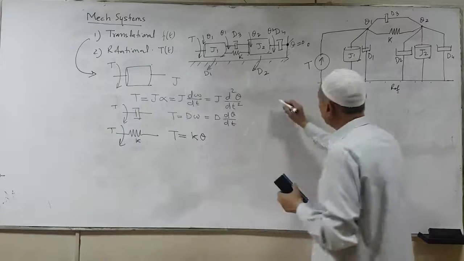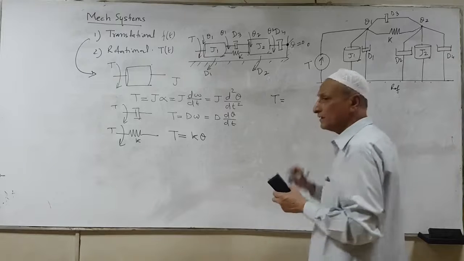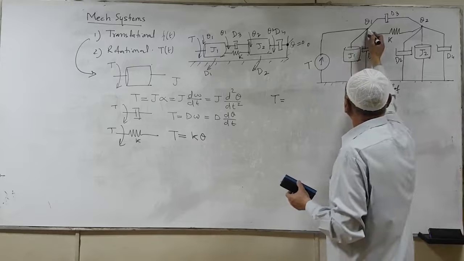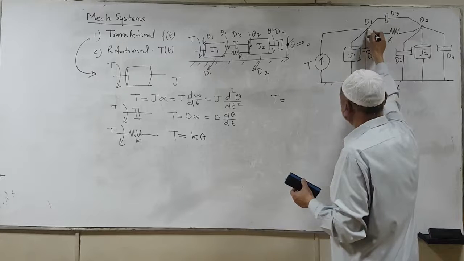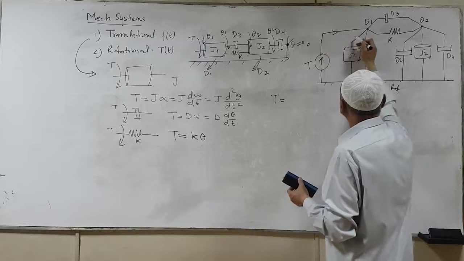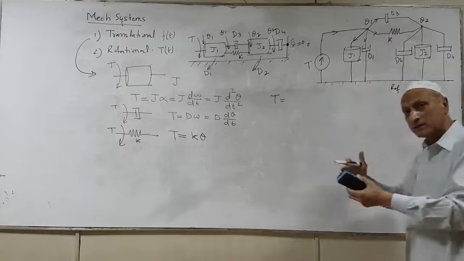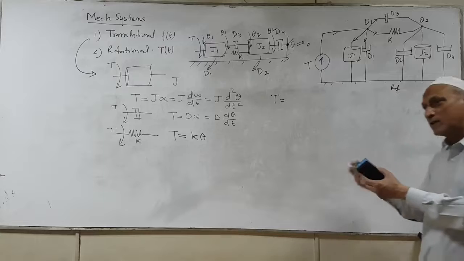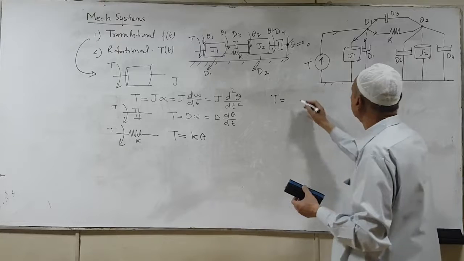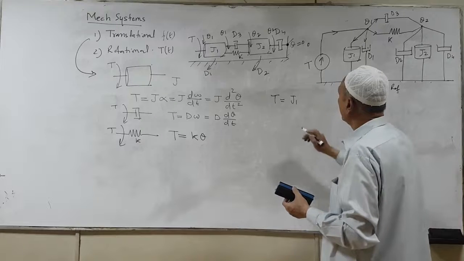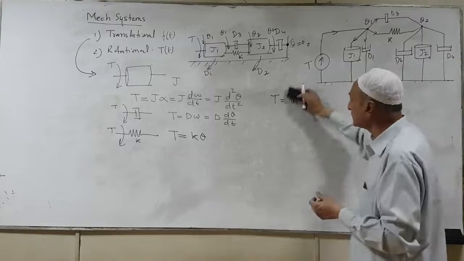Now again we take T, and at node theta 1, this is inward while all the others are outward. So there are 4 transmitted torques. This is J1. Anyhow, you know how to form the differential equations.